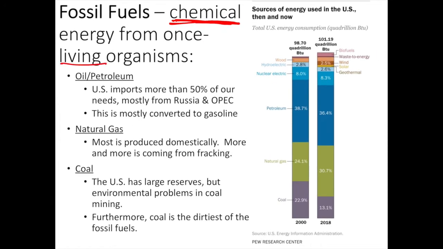So similar to how an apple has stored chemical energy and then we eat the apple and then we can convert it to mechanical, fossil fuels are basically like really old apples that we can then convert into electrical energy. And so most of these are actually from, the theory is that it's from millions of years ago.